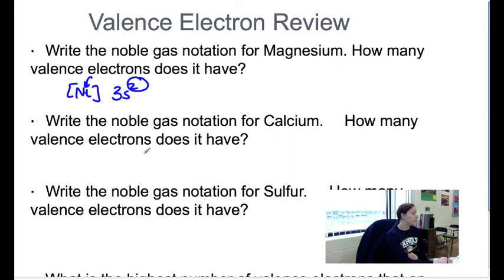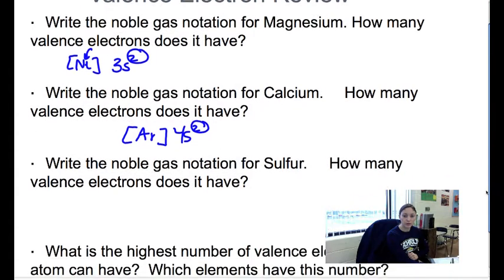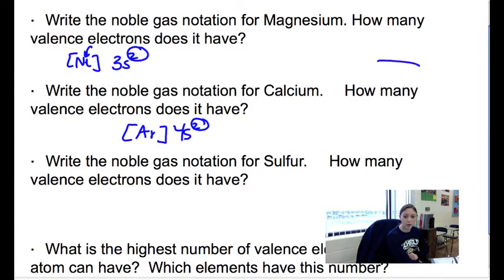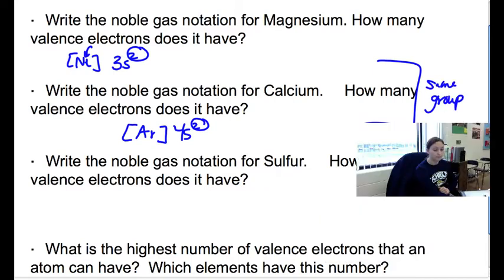How about if we look at calcium? Calcium would have argon in brackets and then 4s2. How many valence electrons does it have? 2. When we look at those two, we notice that magnesium and calcium are in the same group. You should have looked at this last chapter, but elements that are in the same group have the same number of valence electrons.